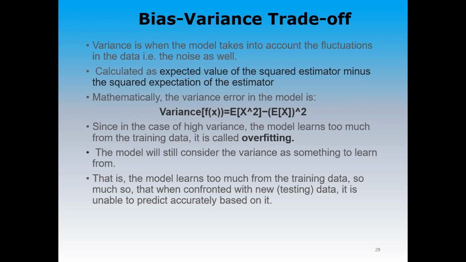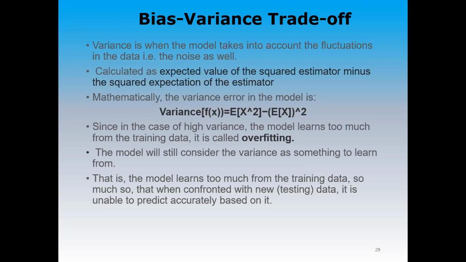You take E of X squared minus E of X, the whole squared, to compute the variance. When the variance is very high, the model is overfitting. That's why in machine learning, before we start data exploration, we try to compute the bias and variance from the predicted and expected values, to see how the bias and variance are.